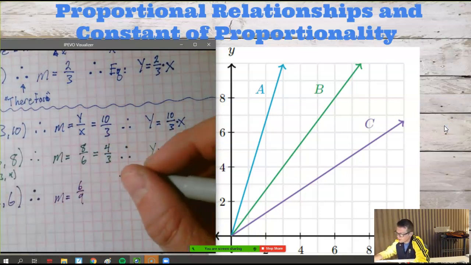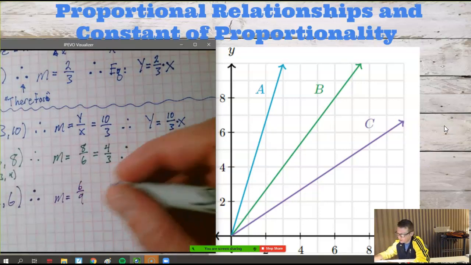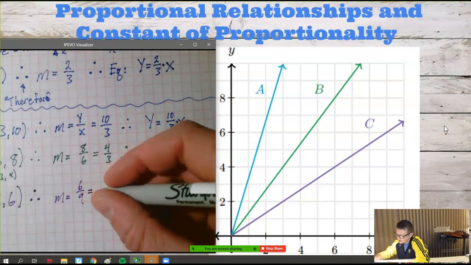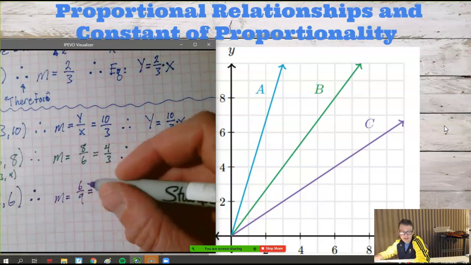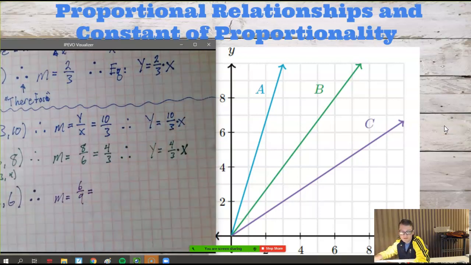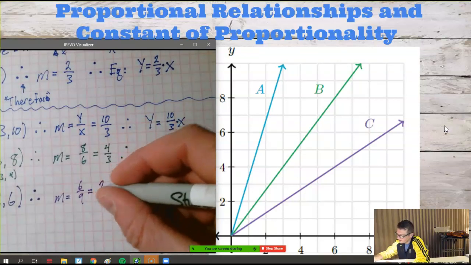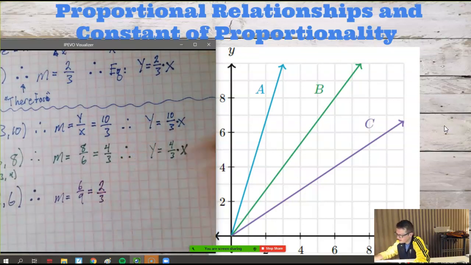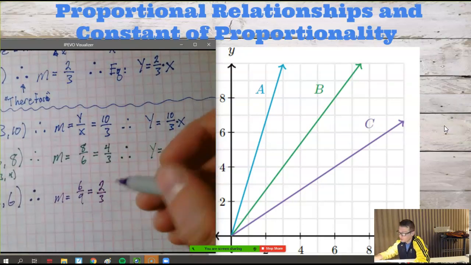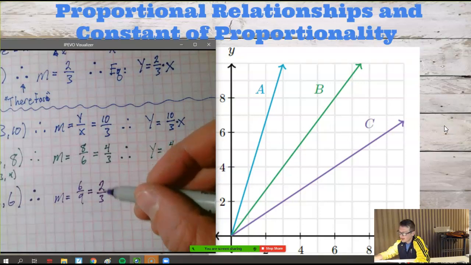Or if we had used one of our earlier points, it'll reduce, right? So 6 and 9 can both divide by what? 3. So if we divide them both by 3, we get 2/3, which is another point that's on there, right? But the point is y over x.